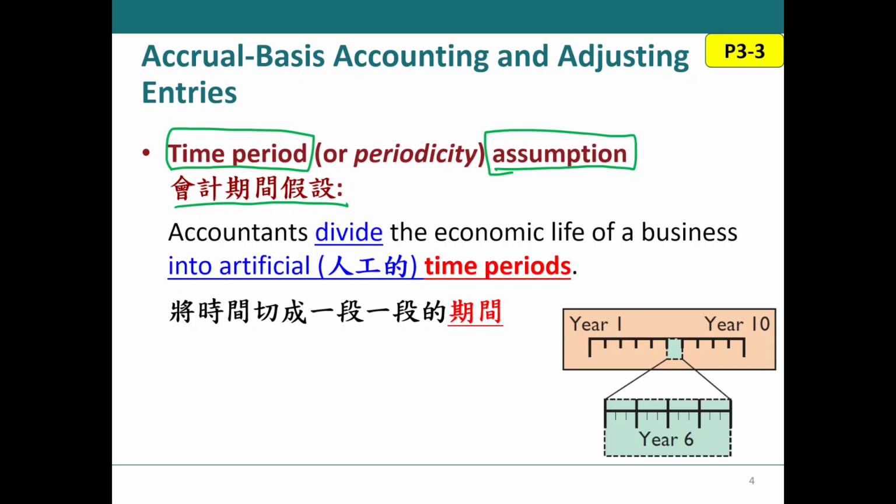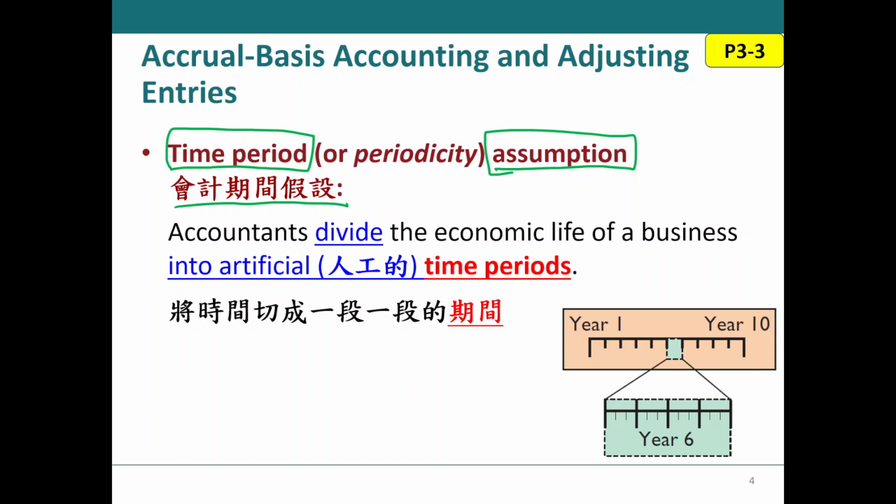Why? Because, see, we tell you one day is 24 hours, right? Who told you one day is 24 hours? Why cannot one day be 36 hours? We cannot. Because 24 hours is our human set.